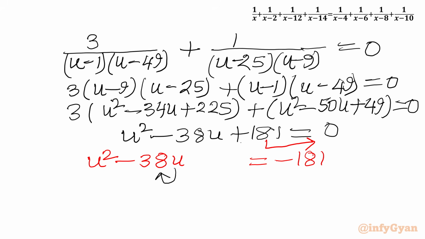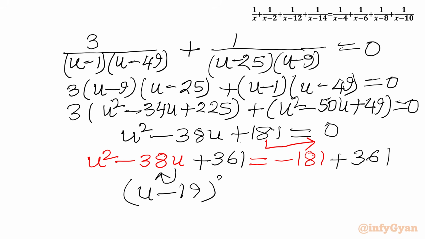A square of minus 19 is 361, which we will add to both sides of the equation to get a perfect square in LHS. So I can write u minus 19 whole square, and in right hand side there would be 180, which we can factor easily and write 9 times 20.